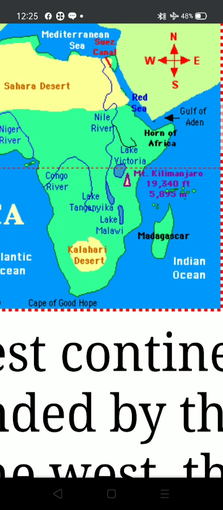Here you can see the pictures of Africa in the textbook, page numbers 56, 57, 58. In 56 the physical features, the rivers, lakes and all are given. Then in 58 you can see the savanna region where the grass grows so tall, where you see high rainfall, medium rainfall, low rainfall.